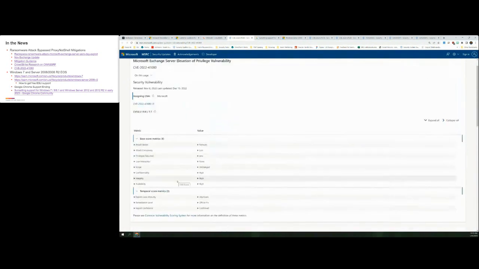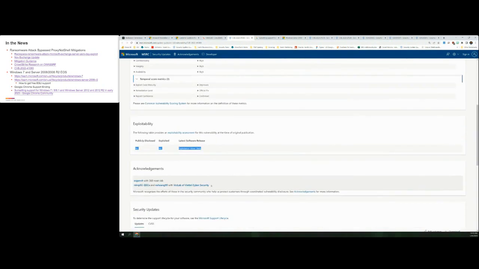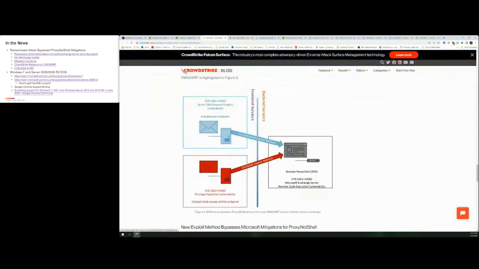But in the course of researching 41040 and 41082, they did discover this vulnerability as well and got it resolved, with a reference back to the researchers that helped identify these vulnerabilities. But the mitigations weren't covering an exploit method against 41080.